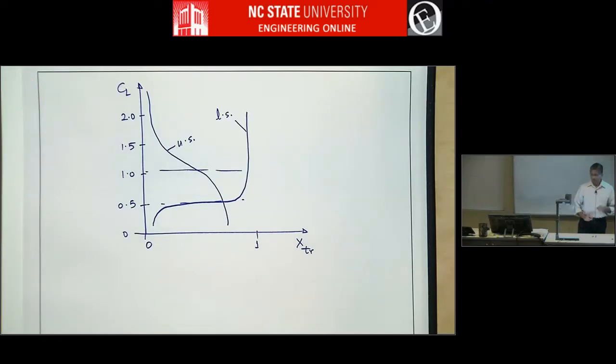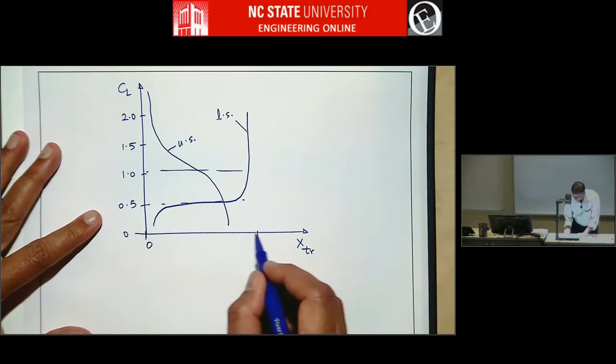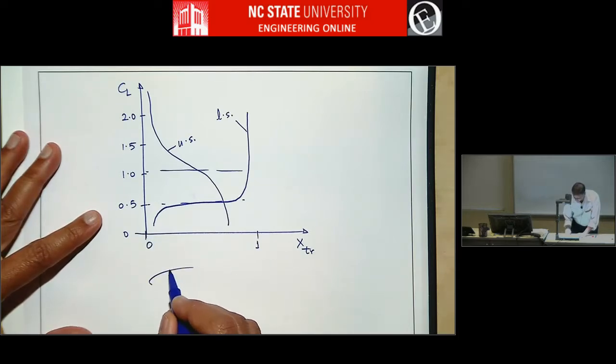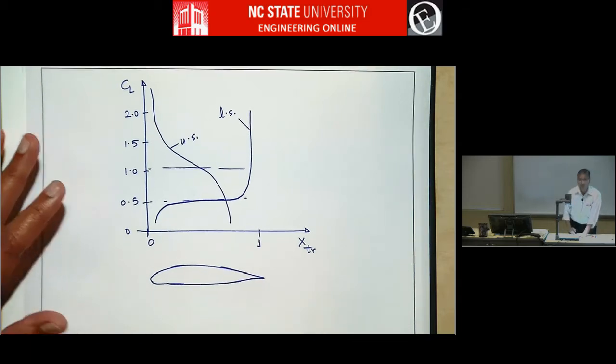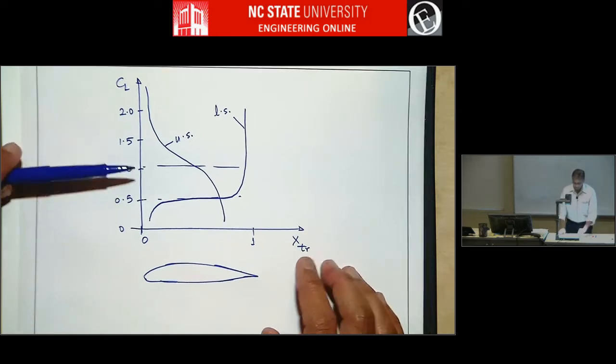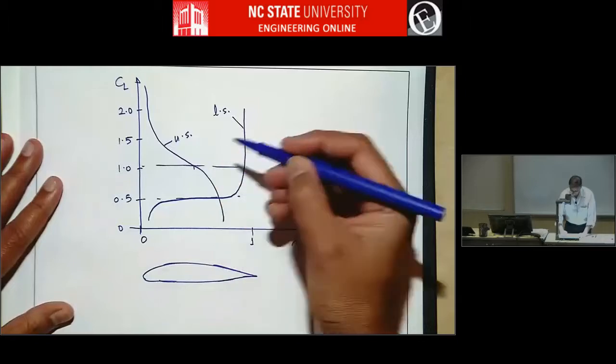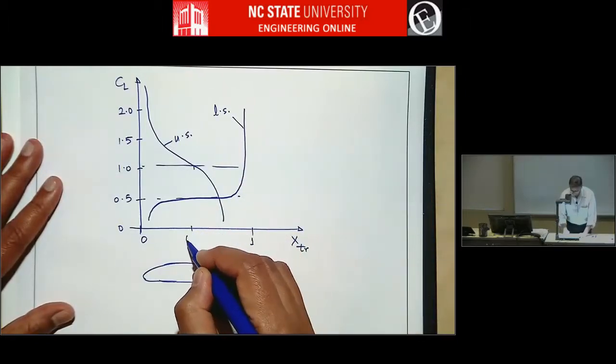And so the way to read this plot is to imagine the airfoil below it. So the airfoil goes from 0 to 1, right? Chord of an airfoil. So let's say this is the airfoil. This means at a lift coefficient of 1, transition on the upper surface is here, so maybe this is 0.5.